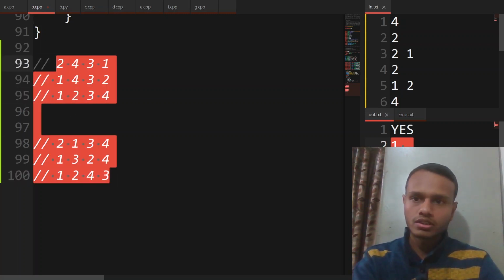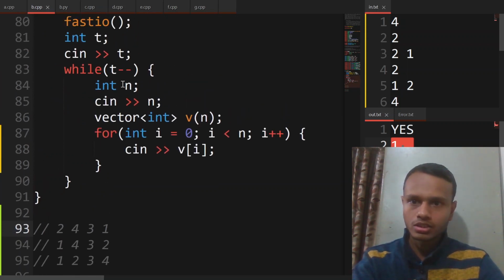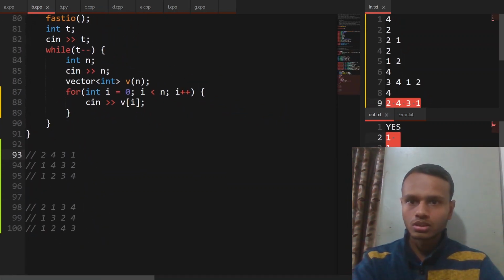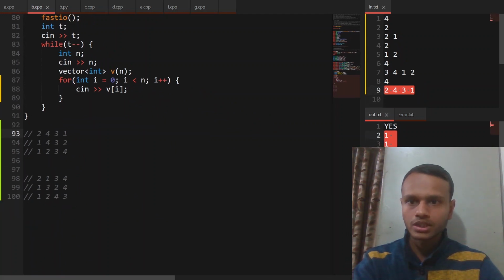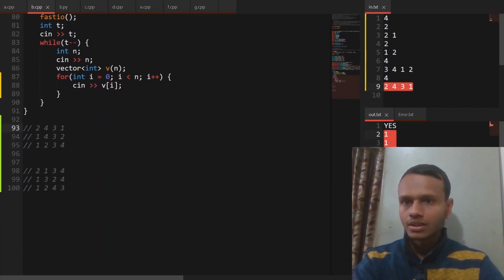Yeah, so I think firstly I should try to get a sorted array from the given array and store all the swap operations that I am performing, and later on check.